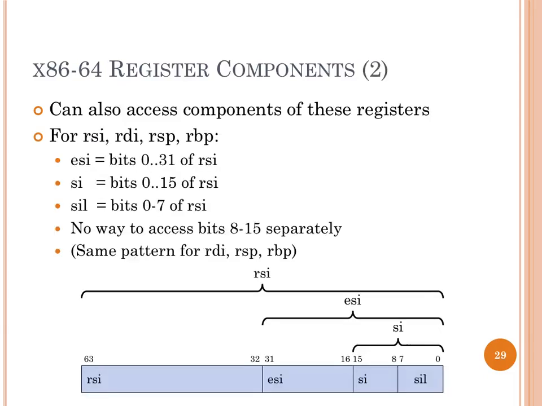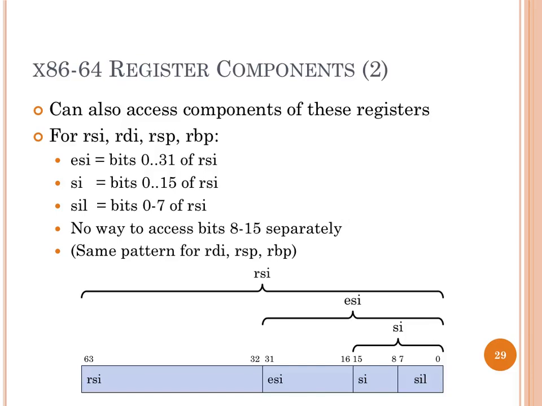Anyway, RSI, RDI, and what was the other one? SP and BP. You can see that we have these. Notice they're not quite as fancy as AX, BX, CX, and DX. The difference between these registers and the previous registers is we don't have the notion of AH, accessing the second from the bottom byte, because these are all pointers.